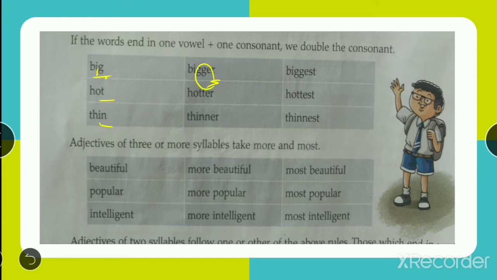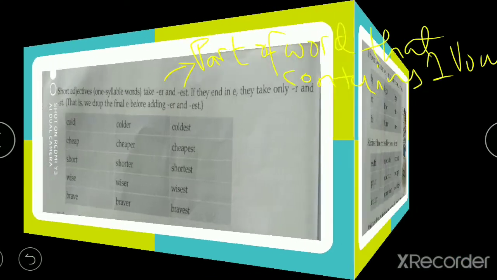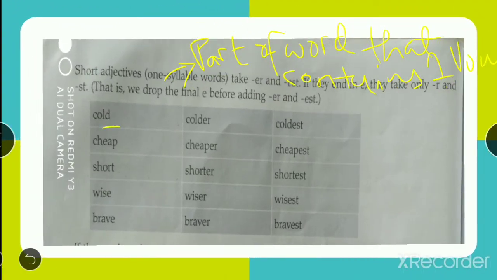So we did it double G. Now O is vowel, T is consonant, you doubled the T. I vowel, N consonant, you doubled the consonant. Isn't it? Now see over here. See, both are consonant, L, D. Now over here, A, P.